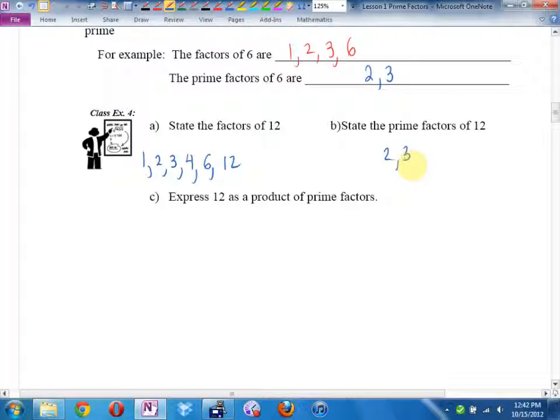What we're really saying is, using only these numbers here, write something times something times something, as many times as you need, that works out to 12. I'm going to go from smallest to biggest. 2 times 2 times 3, except I'm going to get really lazy. There's a shorter way to write 2 times 2. I'm going to actually write it as 2 squared times 3. We call this the prime factorization of a number.